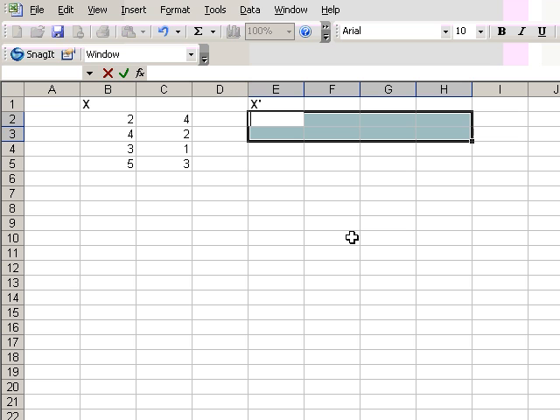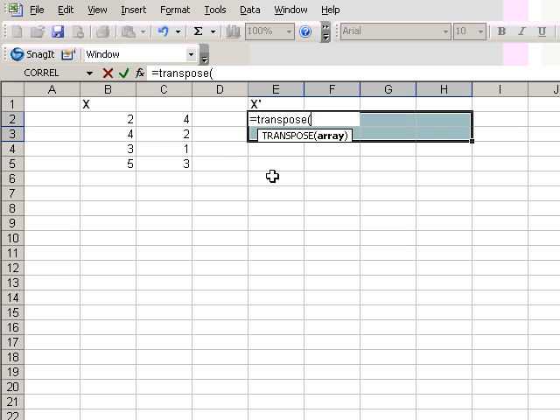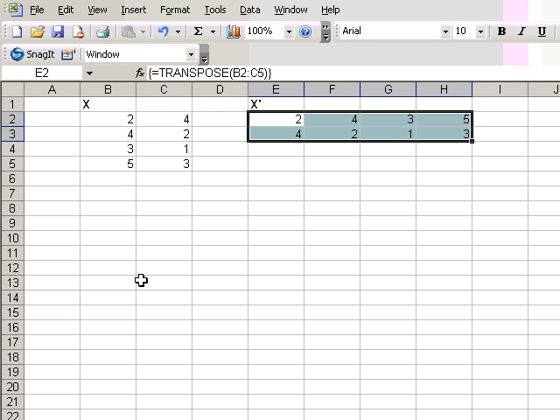Once I have highlighted the 2 rows and 4 columns, I can use the function equal transpose. And if I select the original matrix and hold down Control Shift and hit Enter, I get the transpose of the matrix.